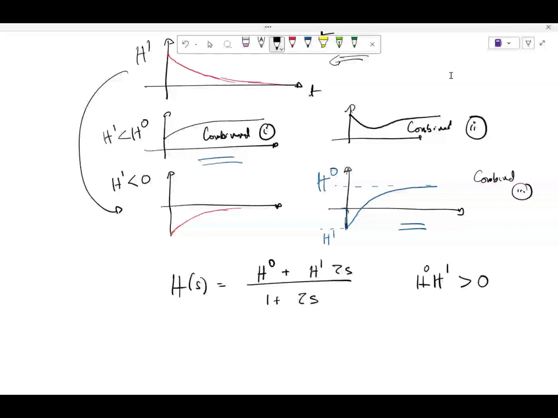How do I know the 0 location? I set the numerator to 0, so s is equal to minus H0 by H1. So if H0 and H1 have the same polarity, you have a left half plane 0.